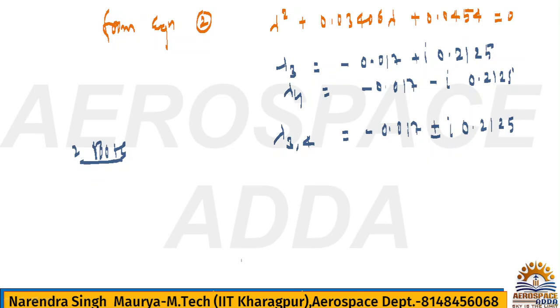Now you have two root pairs. If you check in this problem, for lambda 1,2 and lambda 3,4, both pairs are imaginary or complex roots basically.